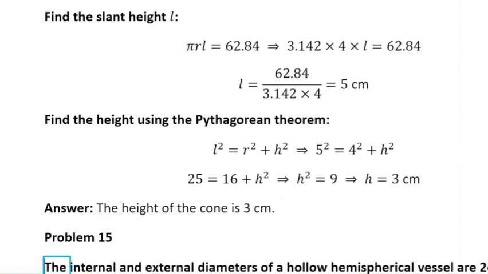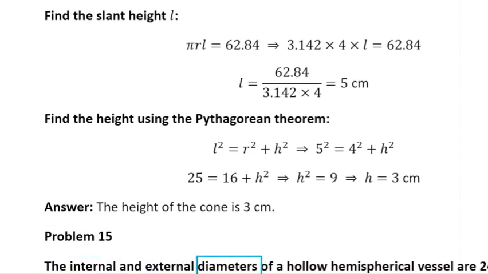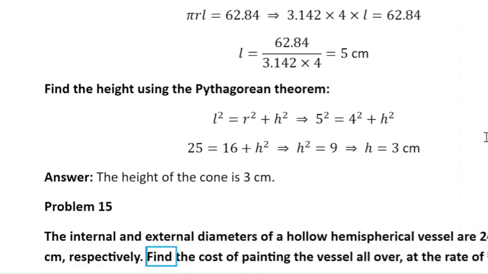Problem 15. The internal and external diameters of a hollow hemispherical vessel are 24 centimeters and 25 centimeters respectively. Find the cost of painting the vessel all over, at the rate of 70 rupees per square centimeter.